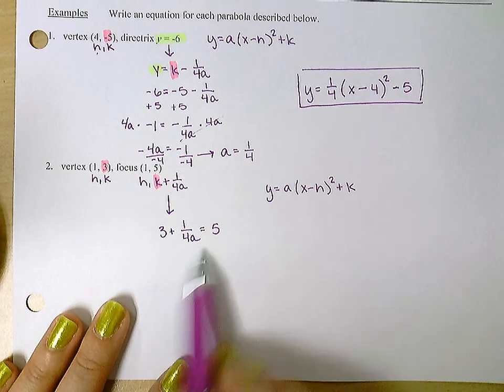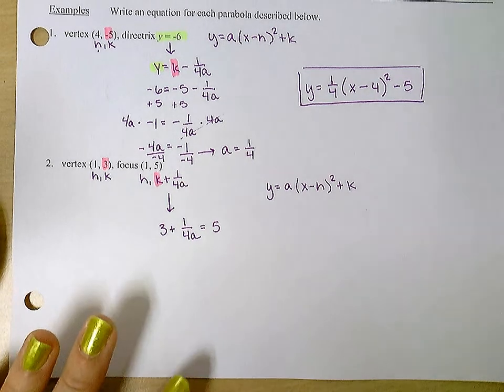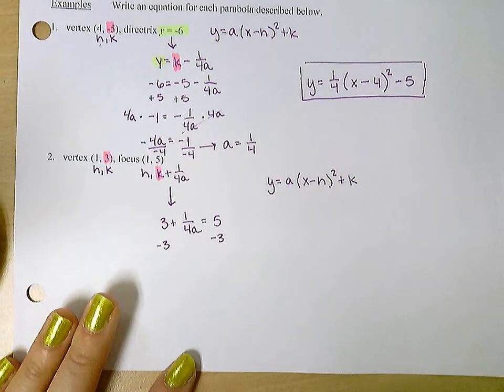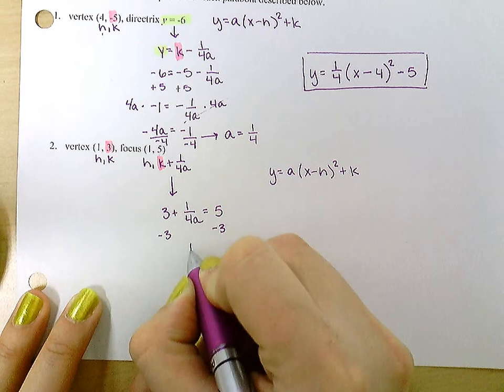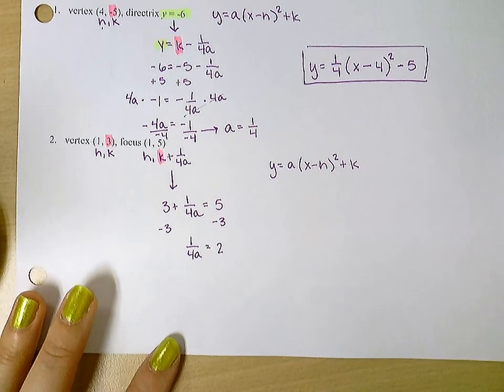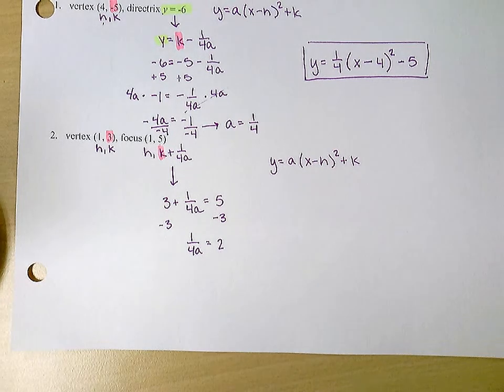So from here again, all I have to do is solve for a. So subtract 3 from both sides of that equation. We have 1/4a is equal to 2. What's my next step?